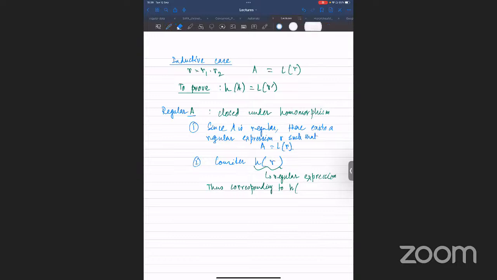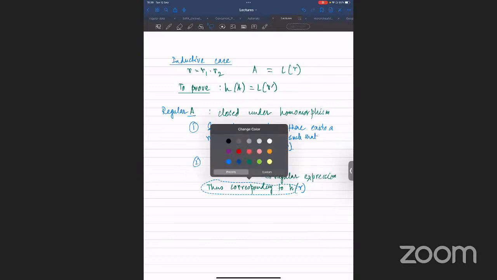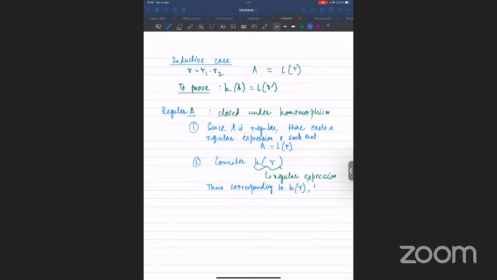Now corresponding to H of R, there is a language, which is L of H of R, and we are also calling it R prime. It's the same, which is the same as L of R prime. There is a language. Now all we need to prove is that H of A equal to L of R prime, right?